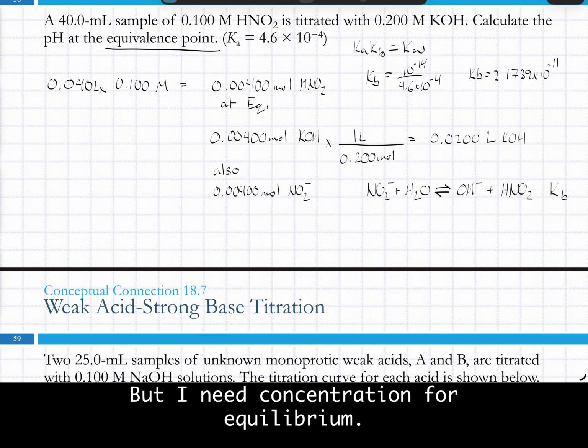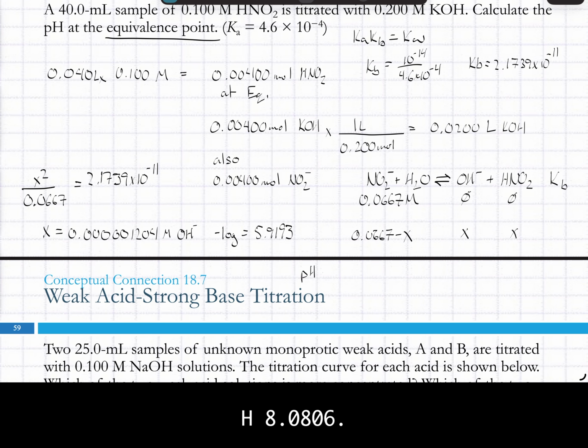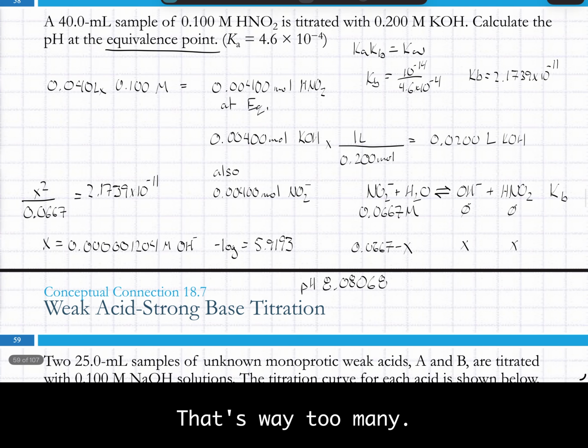So x is 0.3451204, which is molar OH minus. So negative log then is 5.9193. 14 minus that. pH is 8.0806. That's way too many digits. 8.08.